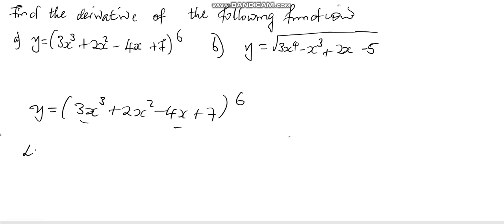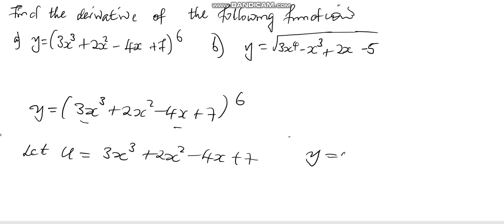Let u be equal to 3x to the power 3 plus 2x squared minus 4x plus 7. If u is equal to this, then it changes the function of y, so y becomes u to the power 6.